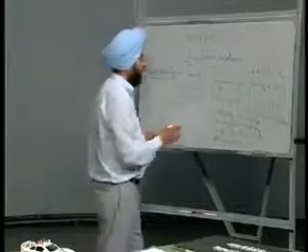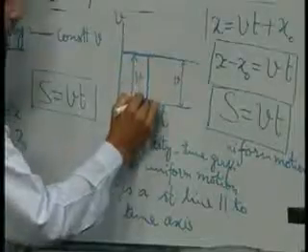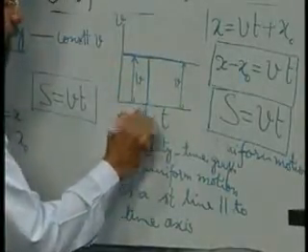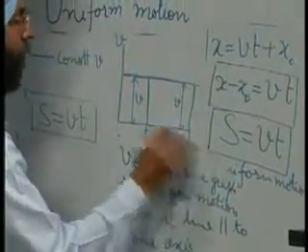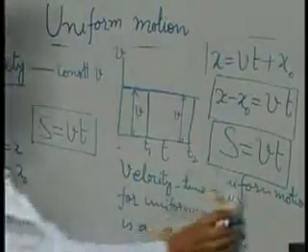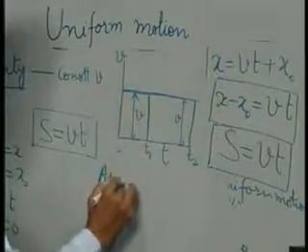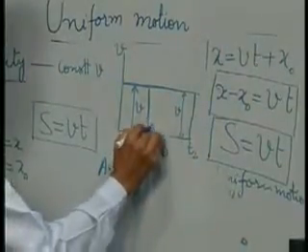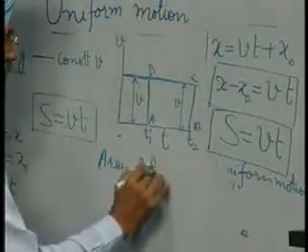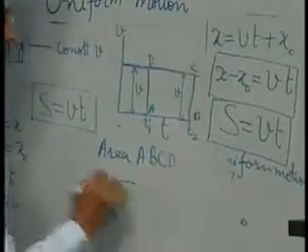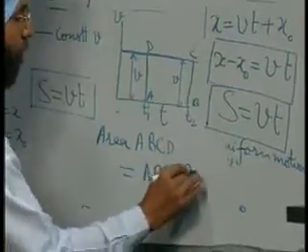Now, when we have plotted this velocity time graph, let us say we have this time t1, another time t2. Now, area of this graph, area A, B, C, D is equal to AB into BC.